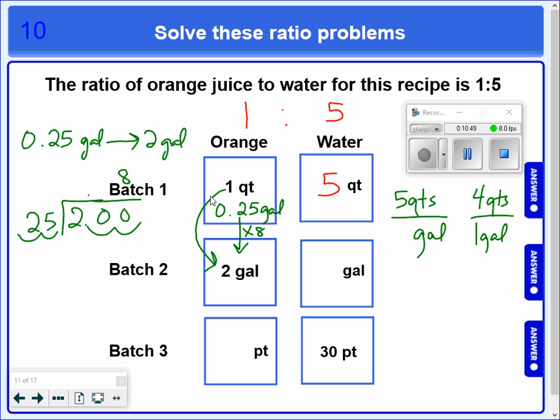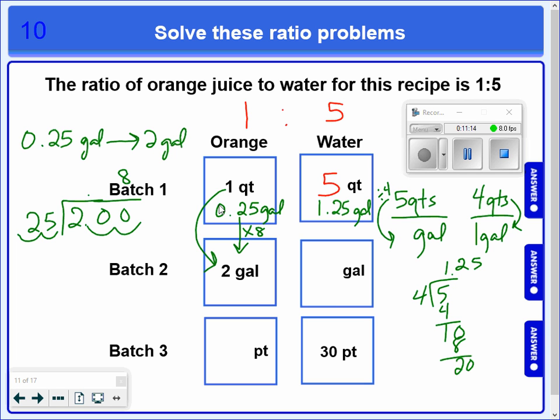Go from what you know to what you don't know. How do we get from 4 to 1? Divide by 4. So 5 divided by 4 would be 1.25. So 1.25 gallons.